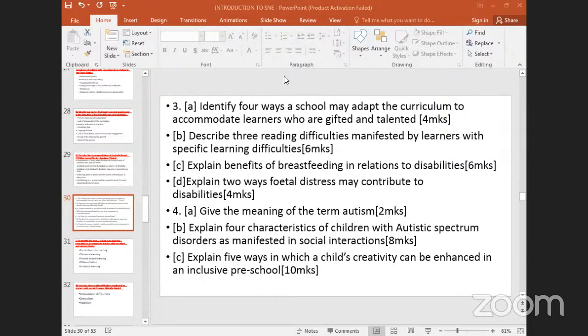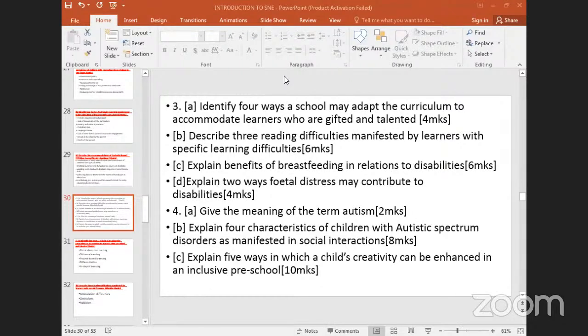And who is to adapt this curriculum? A school. So in this question, there is a general curriculum, but this curriculum tends not to accommodate learners who are gifted and talented. Therefore, the curriculum has to be adapted.